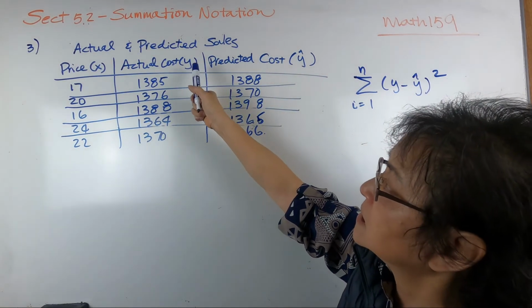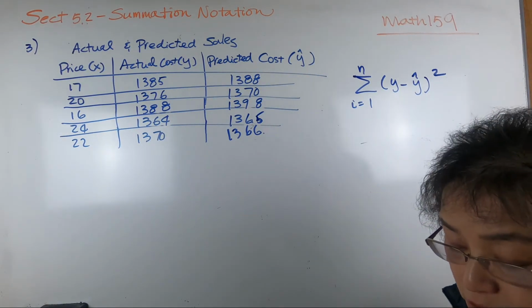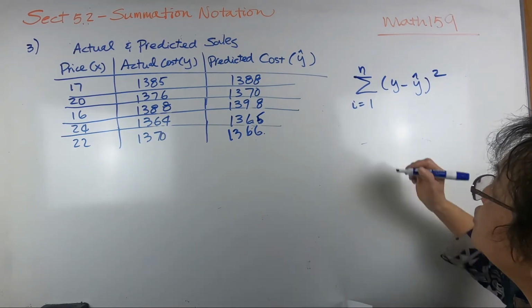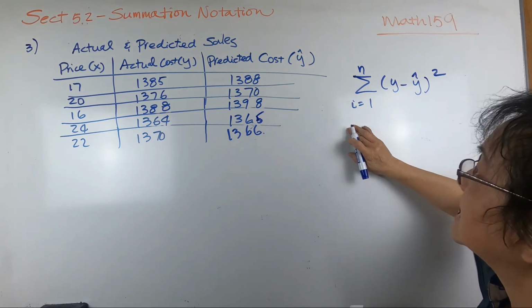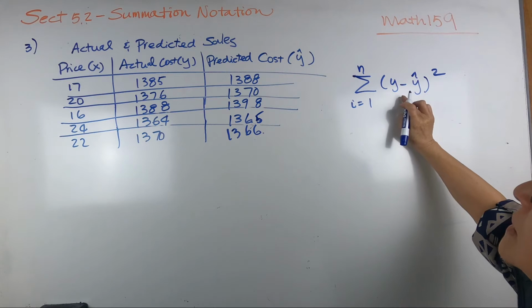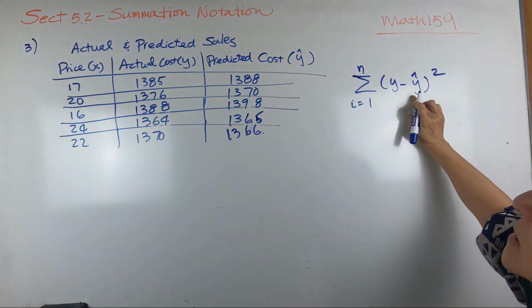Actual cost is y. So they want you to find the sum of the square residuals. You will need to use this formula later in stats class to find the summation between what? Actual cost and predicted cost.